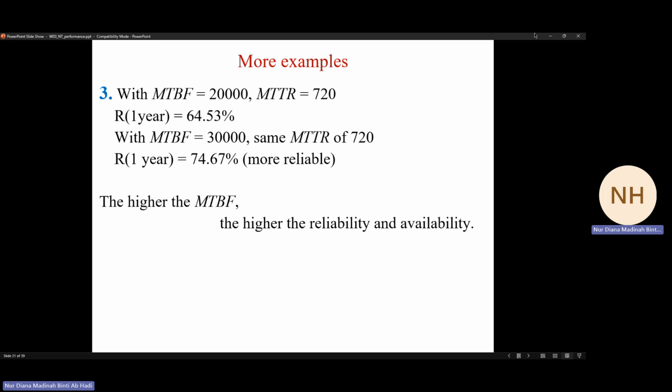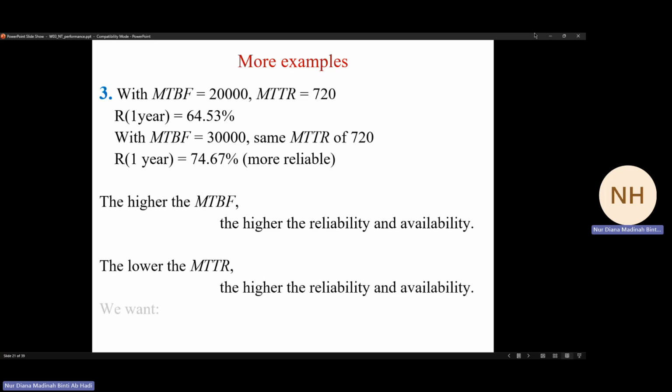Once you do the calculations, you will see that when you have a higher MTBF, you will have higher reliability and availability.